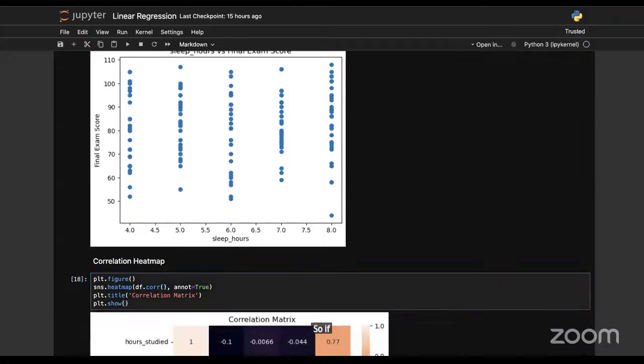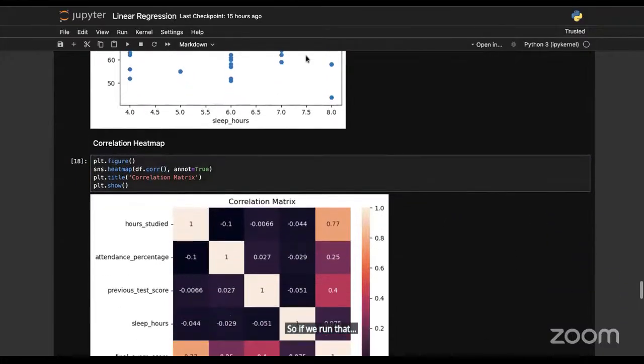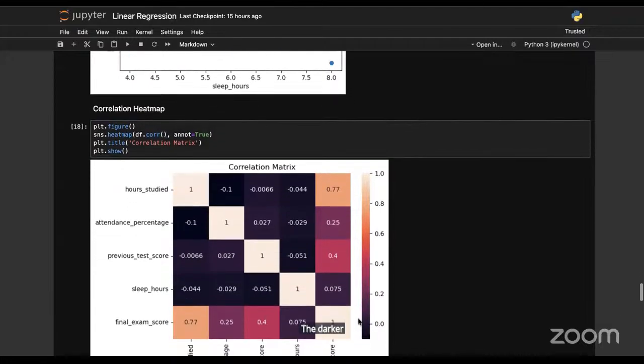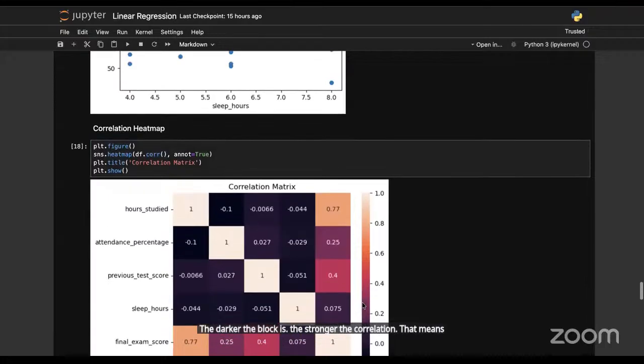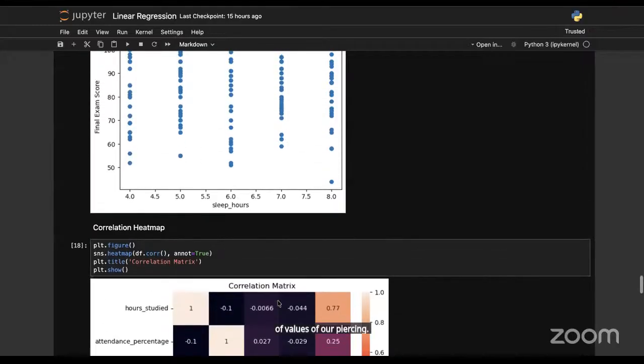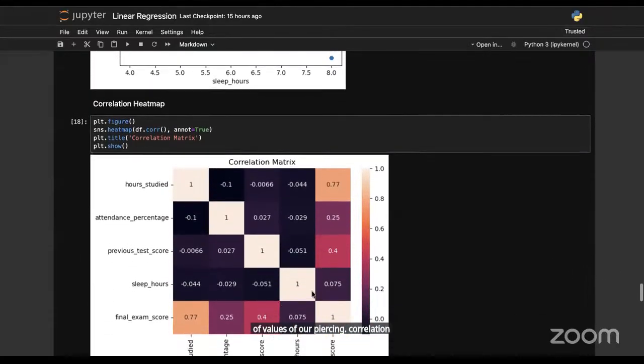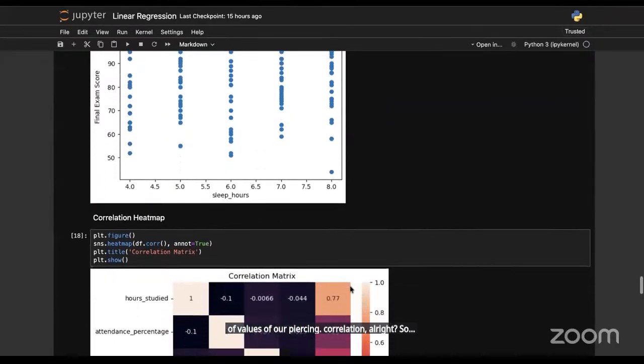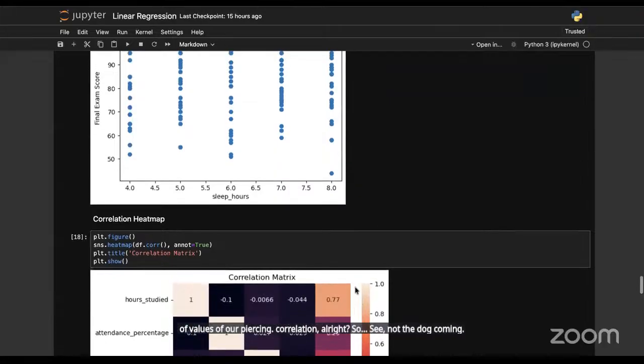So if we run that, we see the values here are values of our Pearson correlation. Sorry, it's not the darker, it's the lighter.